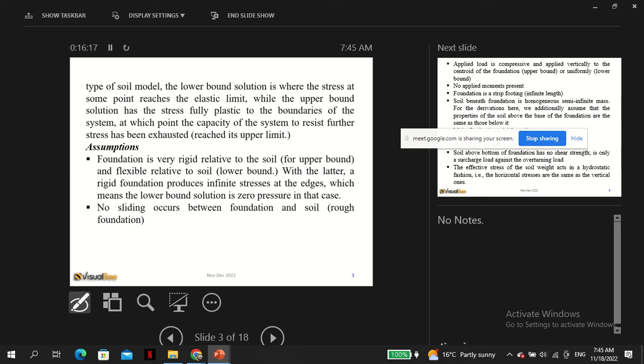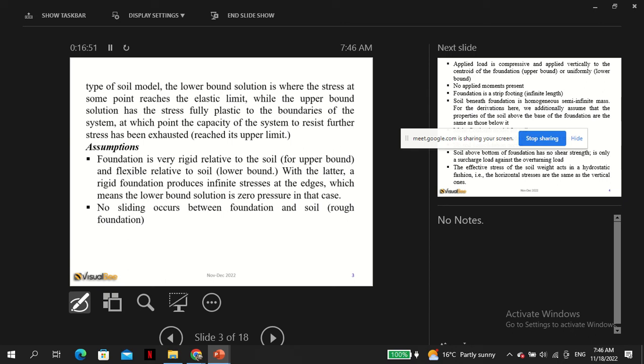So of course we are making very reasonable assumptions. Of course, if you compare a foundation which is made of concrete to soil, the concrete is more rigid compared to the soil. So we are very clearly saying foundation is very rigid relative to the soil, for upper bound, and flexible relative to the soil for the lower bound.